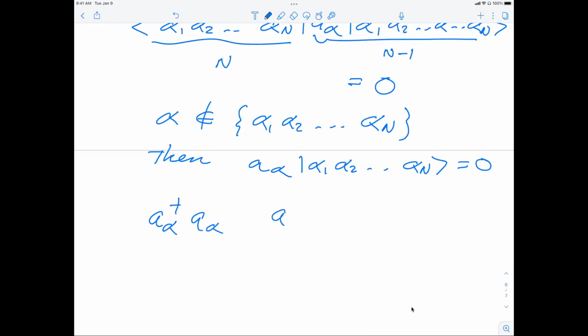We also need to look at the case where we have different states, so it could be something like this. We also need to look at what happens when we have A alpha dagger, and also when we have A beta and A alpha dagger like this.